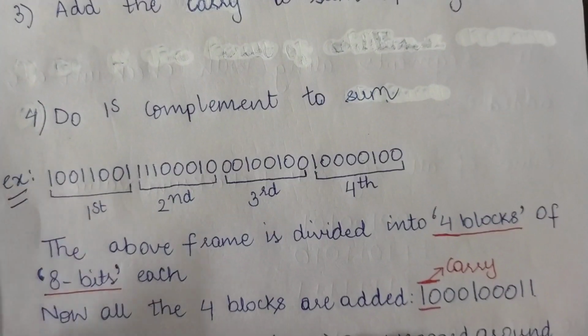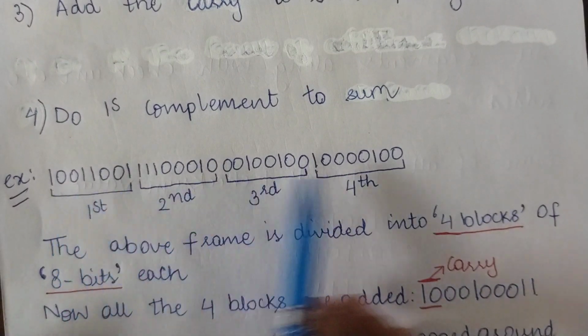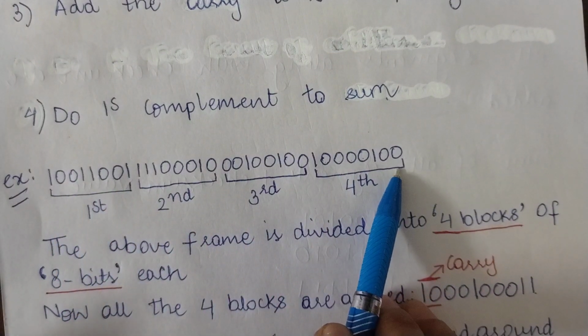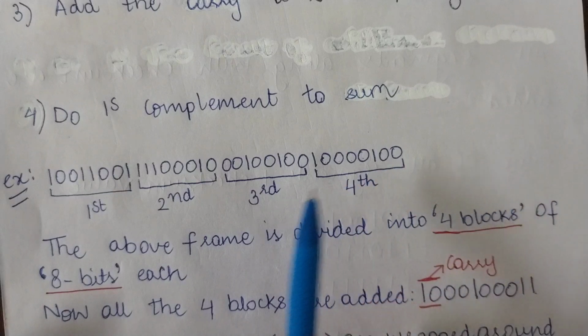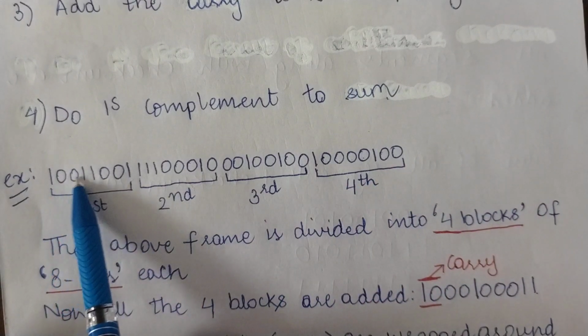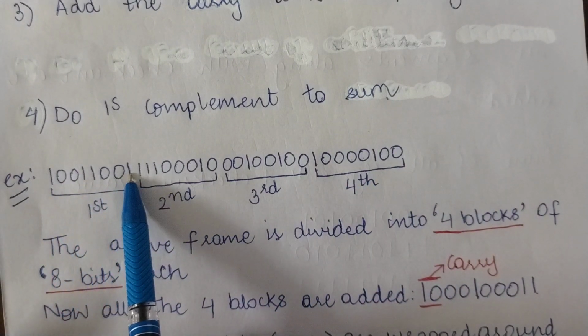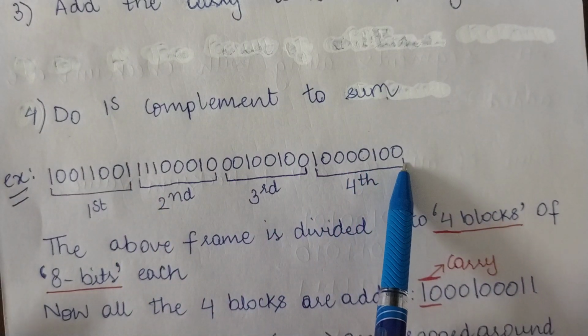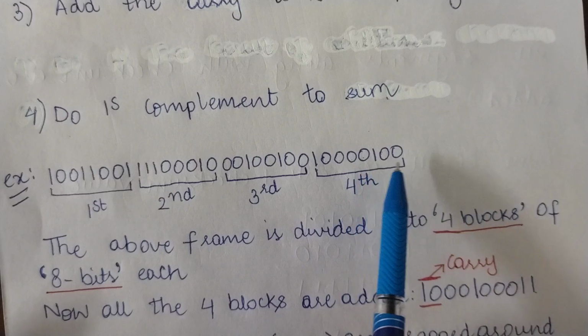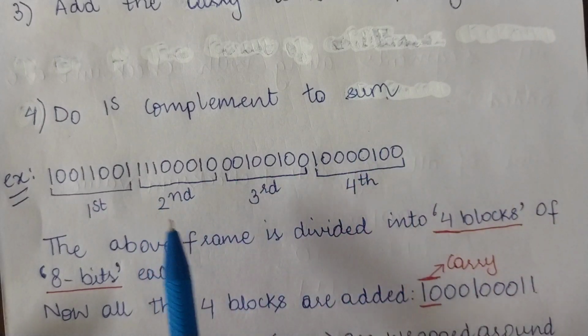Let me take an example. Say this is the original frame that has to be sent. There are 32 bits in total in the original message that has to be transmitted. How can you divide it into k blocks of n bits each?